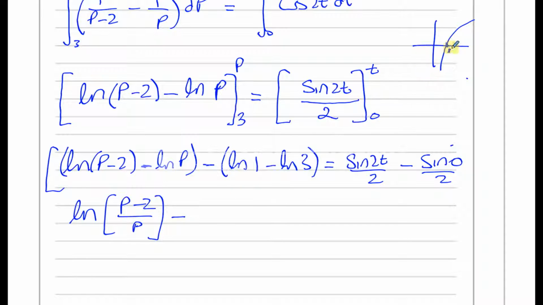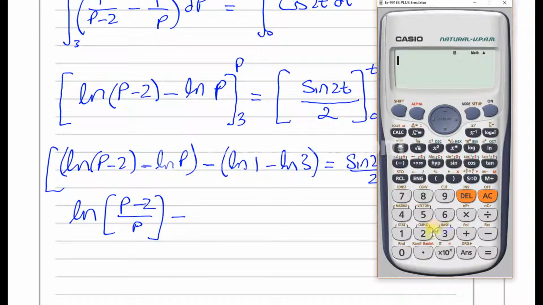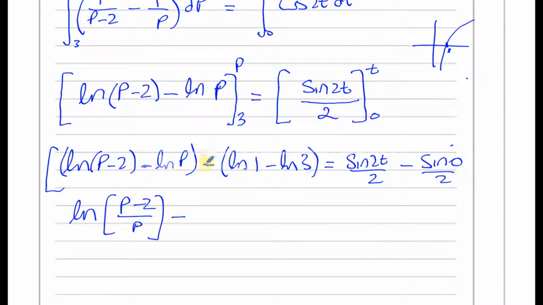So when x is 1, y is 0, so ln 1 is 0. So you have minus 0 minus ln 3, so minus and minus is plus, you're left with plus ln 3 equals, now the sine of 0 is 0, so this becomes a half of sine 2t.